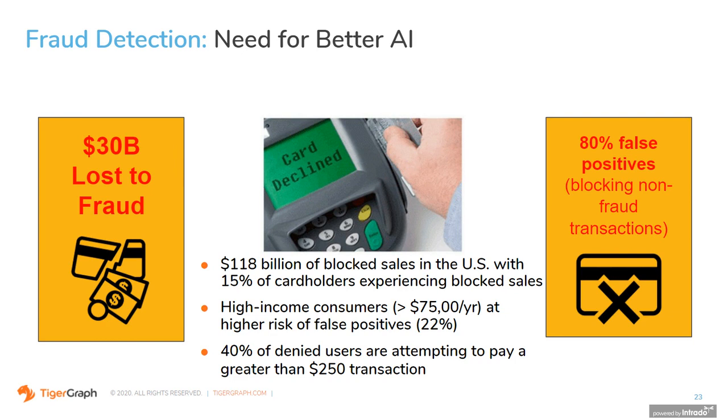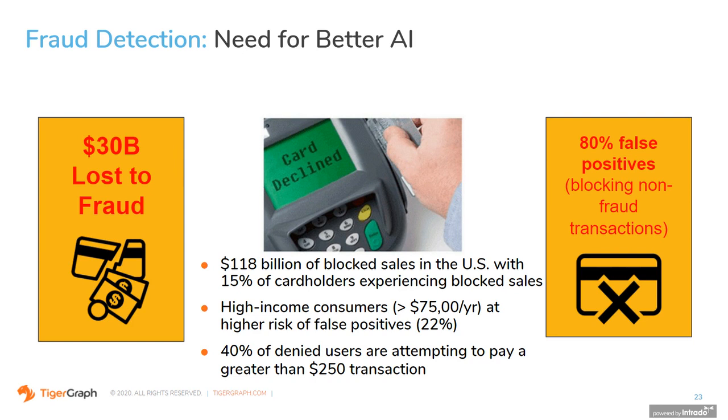But if you look at the credit card industry, they have about $118 billion of blocked sales in the US. And each year, 15% of cardholders experience at least one blocked sale. It's even higher for higher income consumers, those who make $75,000 or more per year. 22% of them had at least one transaction blocked.